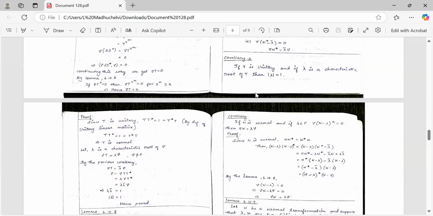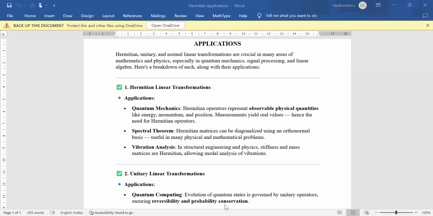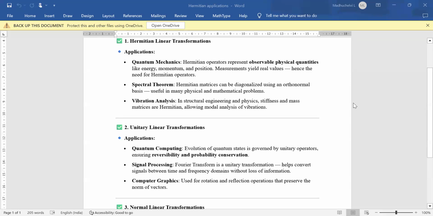Finally, let us see the applications of linear, unitary, normal, and Hermitian linear transformations. First, the application of Hermitian linear transformation. It is applied in quantum mechanics, spectral theorem, and vibration analysis.